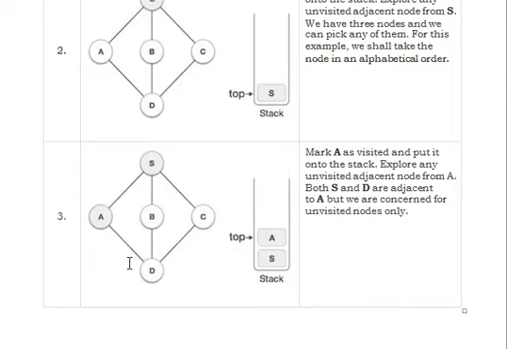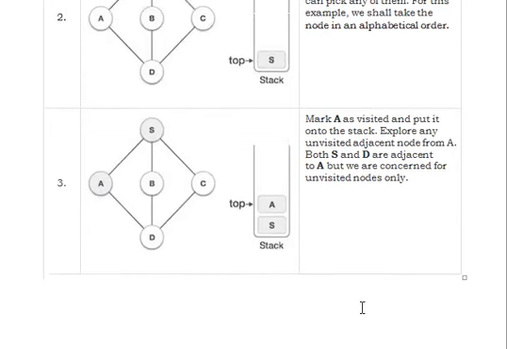Both S and D are adjacent to A, but we consider unvisited nodes only.